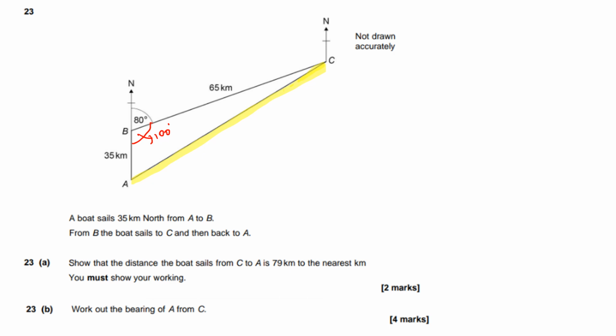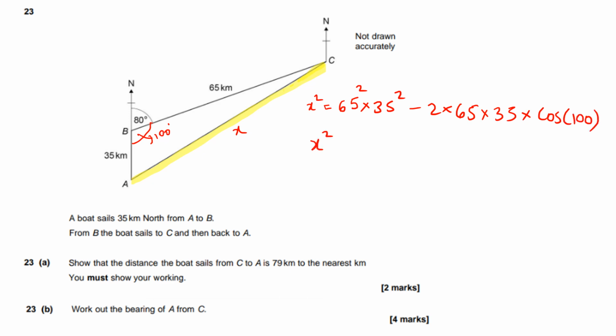So if I call this x, it's going to be x squared is equal to 65 squared plus 35 squared, take away 2 times 65 times 35, times cos the angle, which is going to be cos 100.